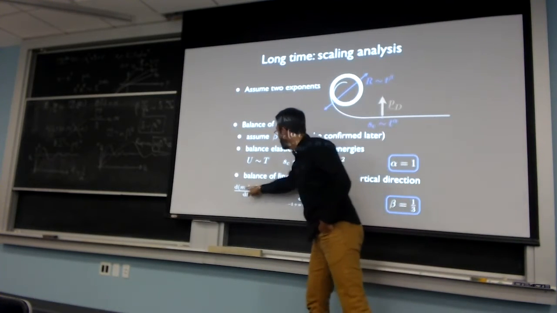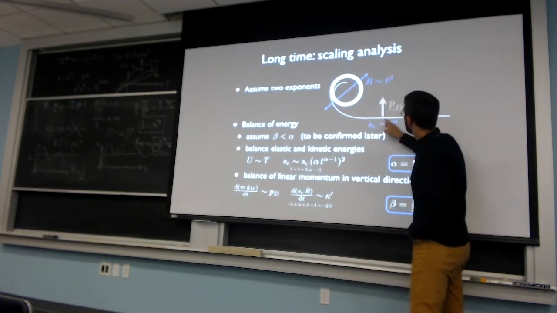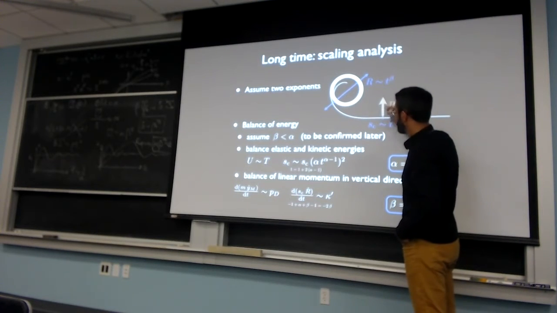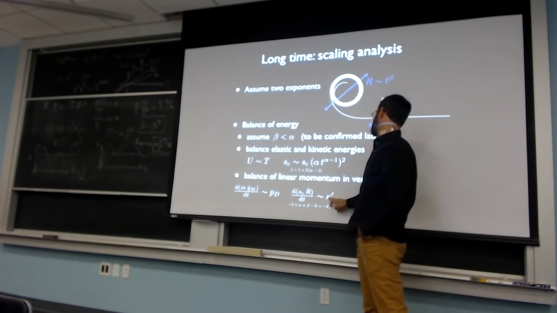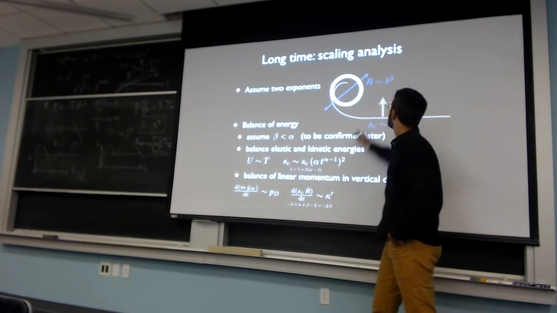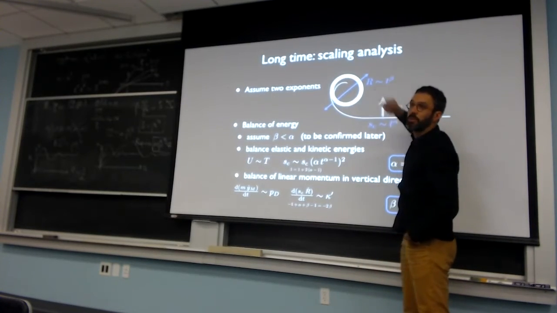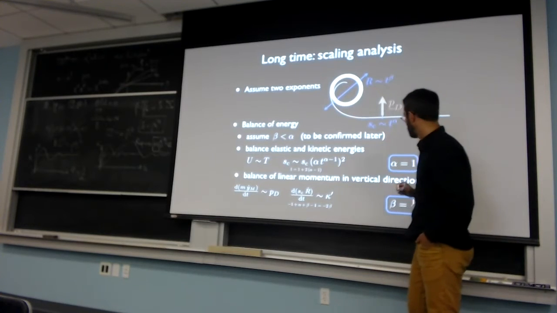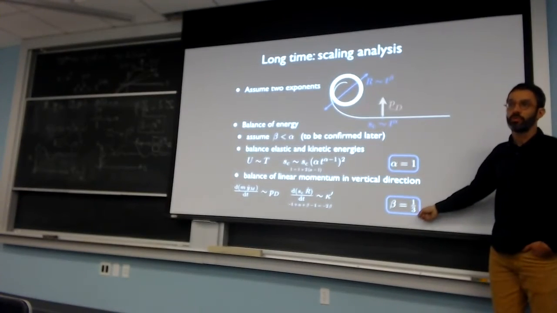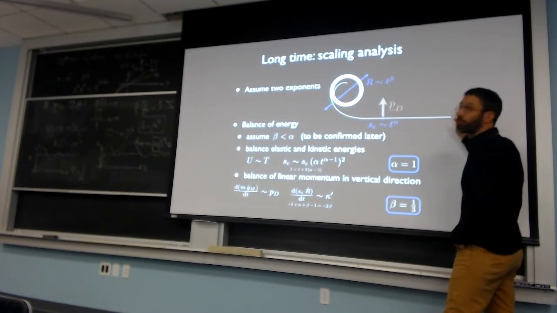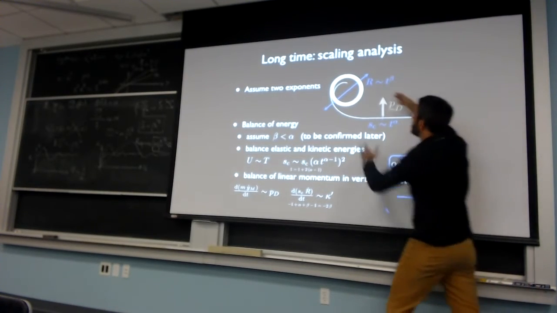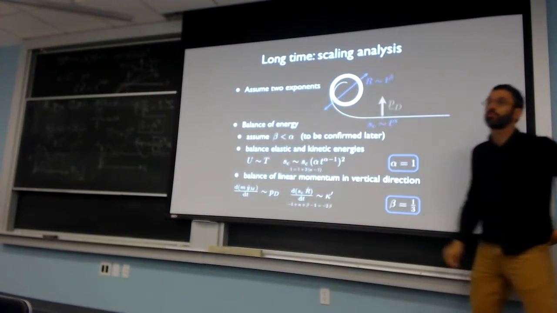And you need to balance that by the force here, and it turns out the force here is the derivative of curvature, so that's the third derivative of position. So you can get it in terms of beta. And if you do that, you find beta equals 1/3. So you find that the contact point moves with constant velocity, and the size of this grows like the cube root of time.